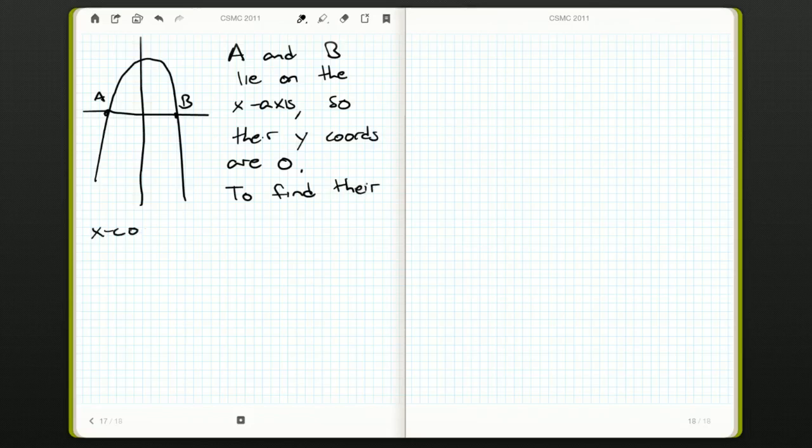Now if we want to find their x-coordinates, we'll use the equation of the parabola.